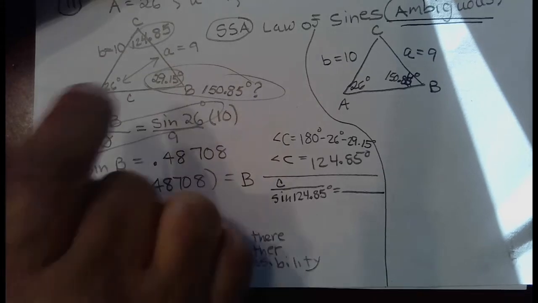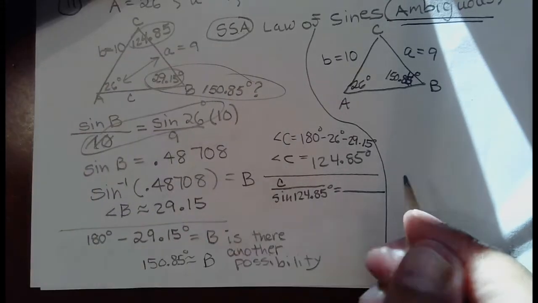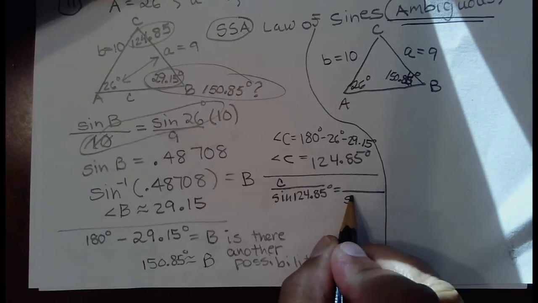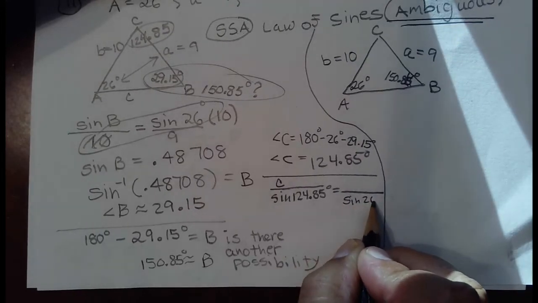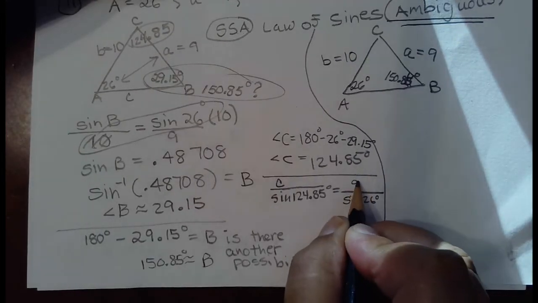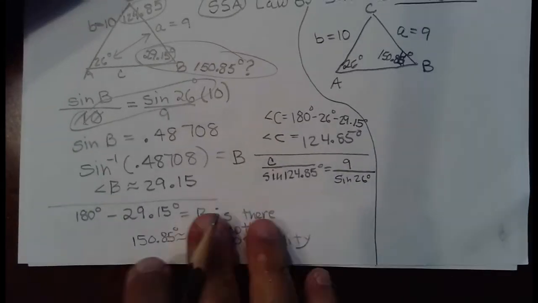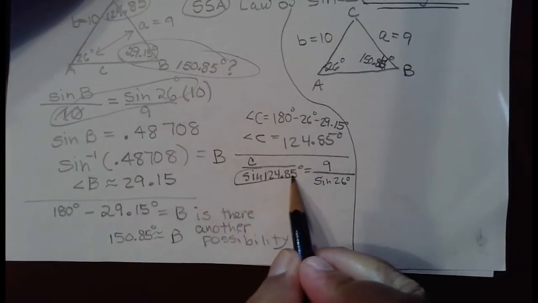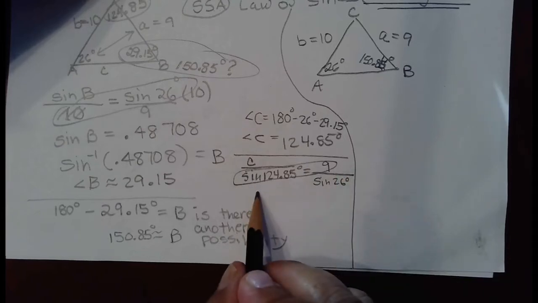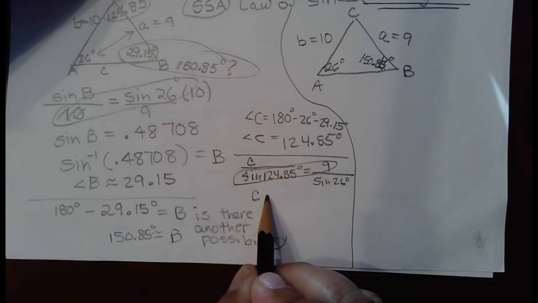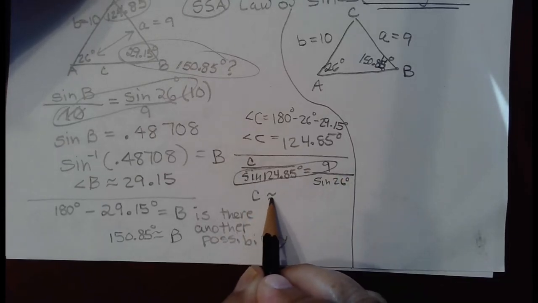Then you're going to cross and multiply this up here. I'm kind of running out of room here, so I'm just going to go ahead and give the final answer for side C. This is going to come right up here like we have been doing in every problem. So it'll be 9 times sine of 124.85, then divided by sine of 26.